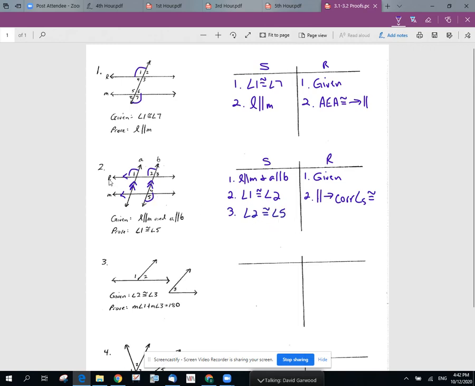Now this time it is because L is parallel to M. Notice that line A is not touching angle 2 or angle 5. A and B being parallel doesn't have anything to do with this statement. It's all about L and M. L and M are the parallel lines. B is the transversal. 2 and 5 are alternate exterior angles. They are on opposite sides of the transversal, and they are outside the parallel lines.